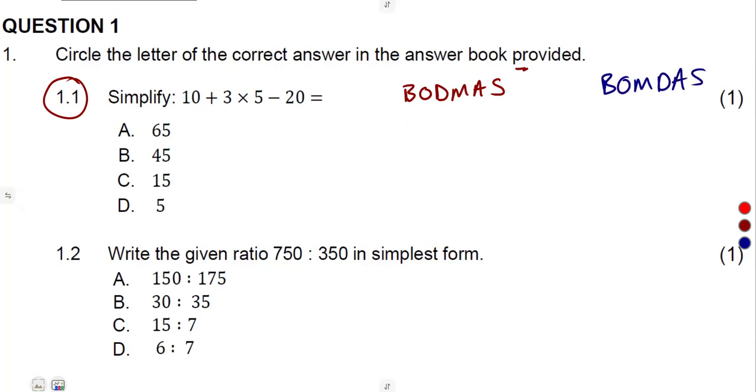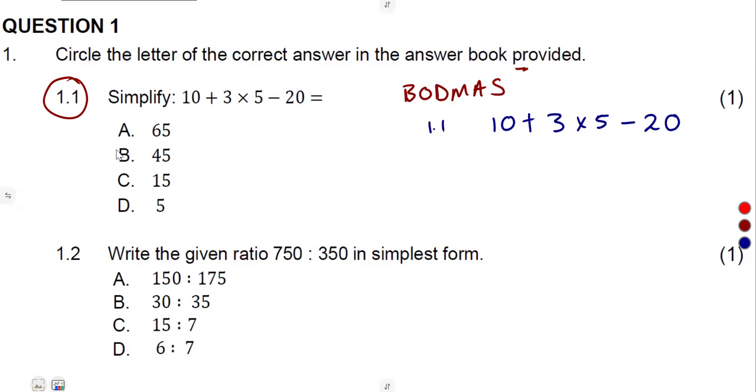It is one and the same, so you're going to obtain the same answers. Anyways, let us see what we have. This is what we are given on 1.1: 10 plus 3 times 5 minus 20. You can also use your calculator to verify your answers at the end.